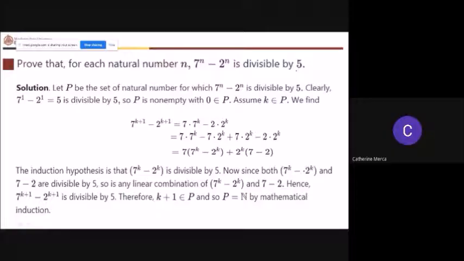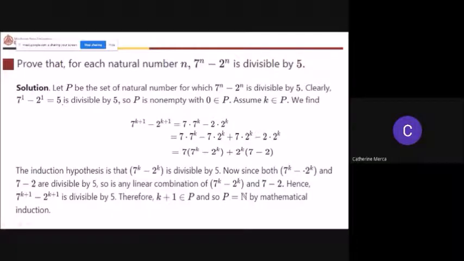Now, 7 to the n minus 2 to the n is by mathematical induction, for the first value, we can replace n. When n is equal to 1, you have 7 to the 1 minus 2 to the 1 will give you 7 minus 2, which is 5.